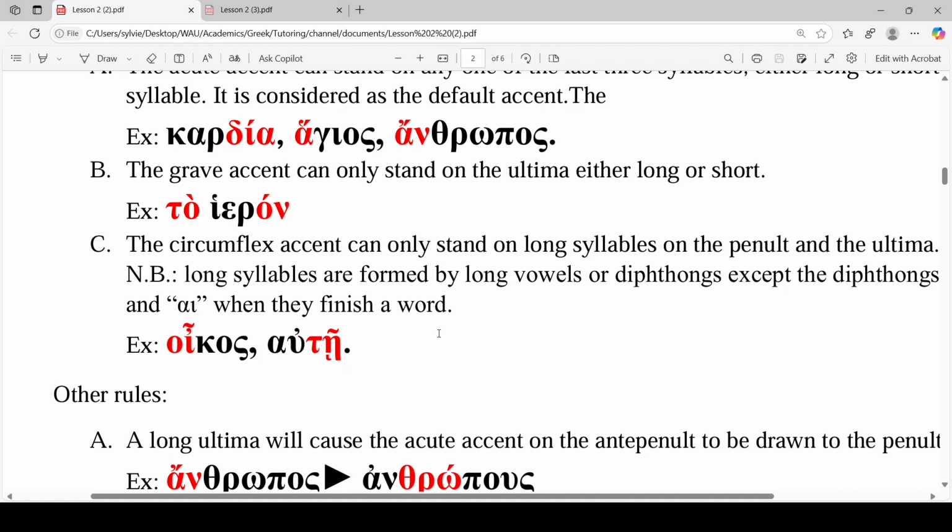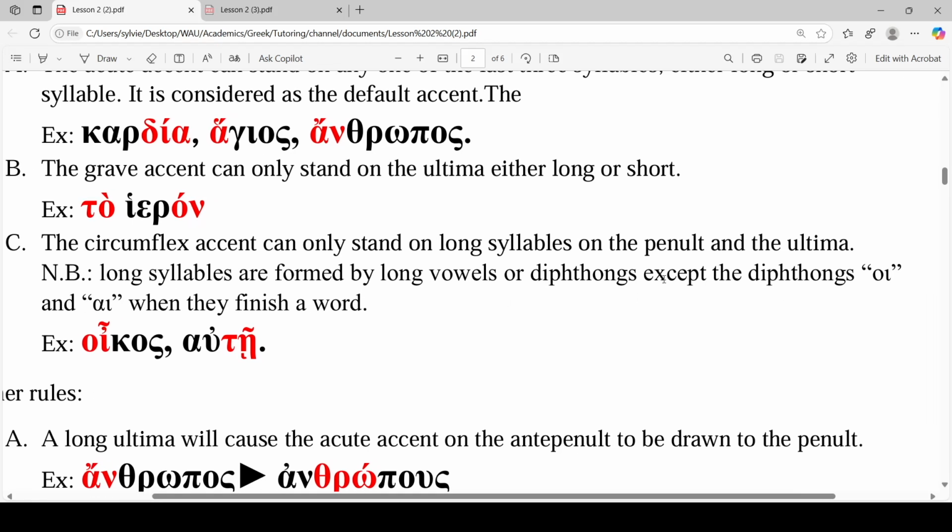And any syllable that has a diphthong will also be considered a long syllable, unless this diphthong is oi or ai at the end of a word. When oi and ai are at the end of a word, they are considered short. Okay? They form a short syllable.